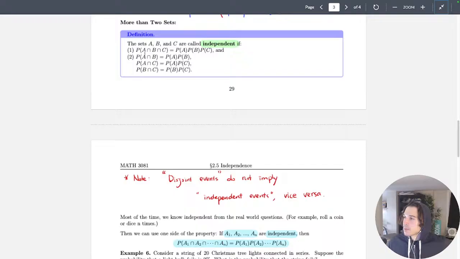So, these sets A, B, and C are called independent if the probability of A intersect B intersect C equals probability of A times probability of B times probability of C. And the probability of A intersect B equals the multiplication, probability of A intersect C equals the multiplication, and the probability of B intersect C equals the multiplication. Okay.